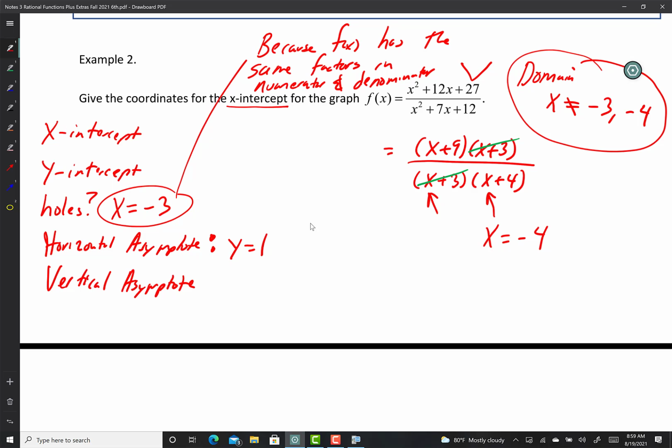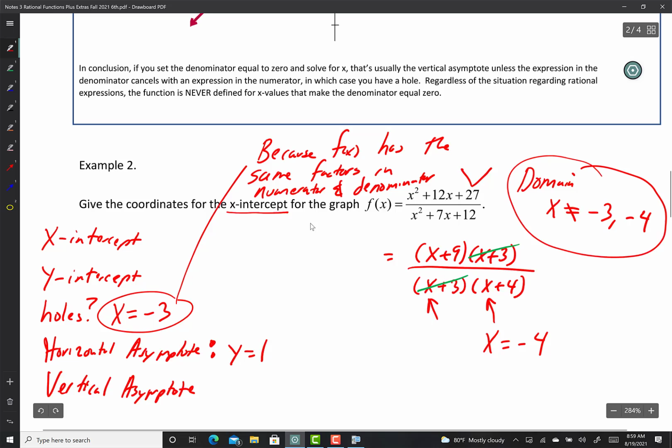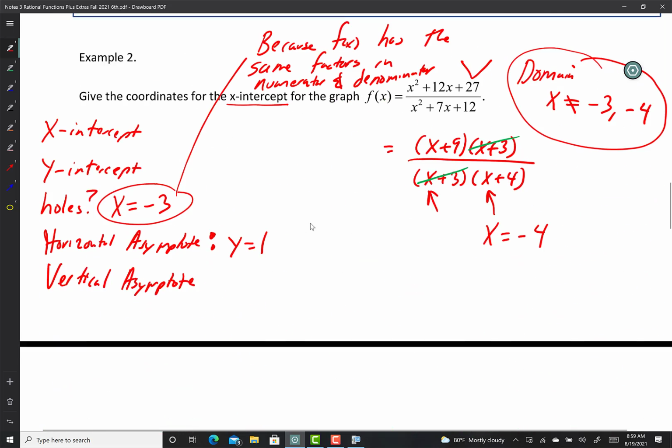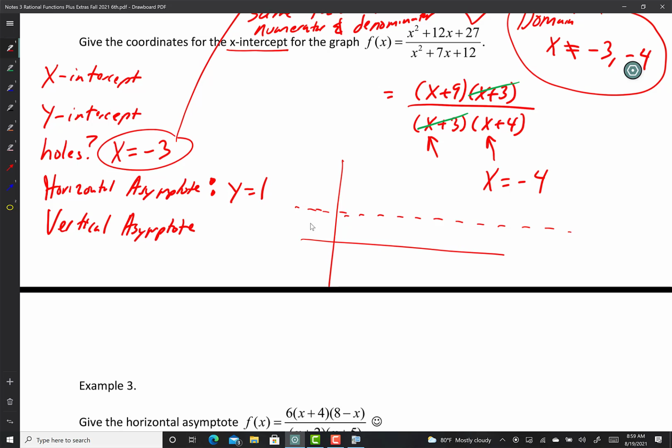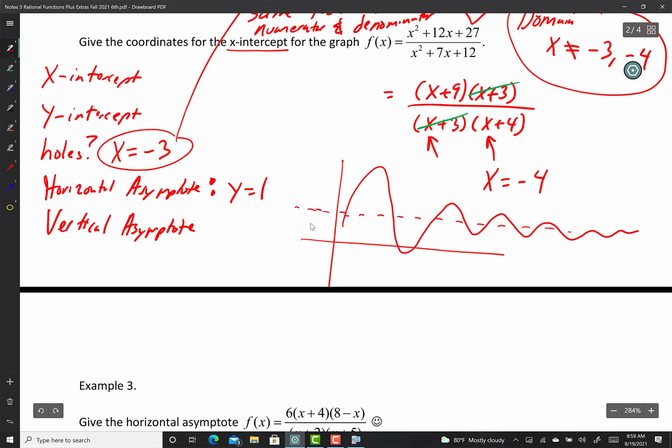For those who were like, what? You cannot cross horizontal asymptotes? Look, you see that red dotted line there? I'm going to call that a horizontal asymptote. What if I have a signal that does this and it just keeps going back and forth? By definition, is that a horizontal asymptote? Yeah, it's converging at that dotted line, but I crossed it many times.